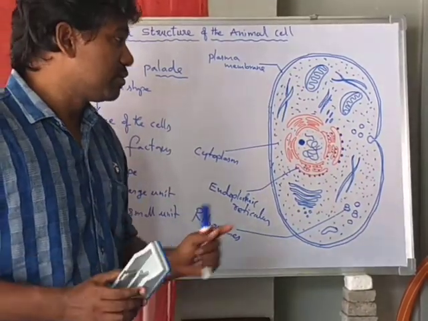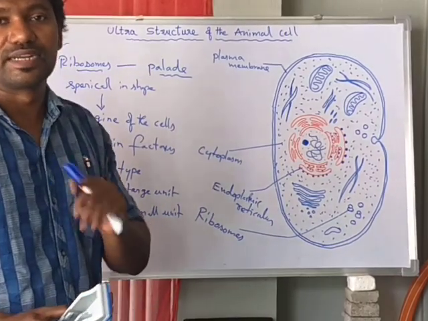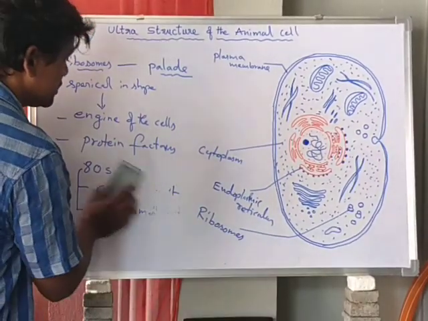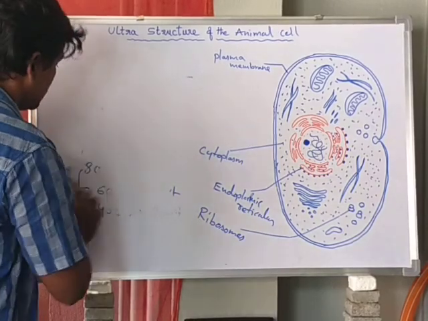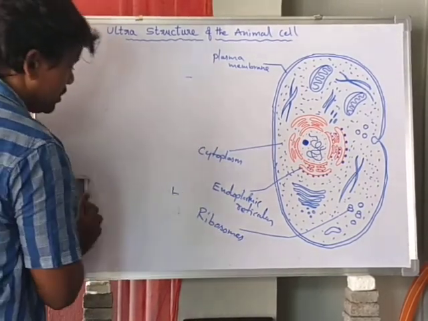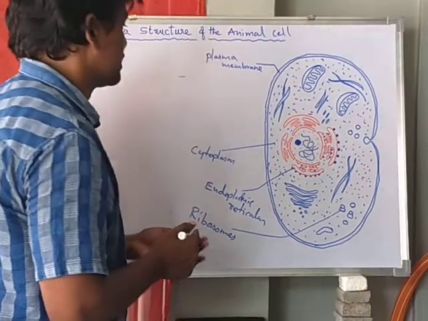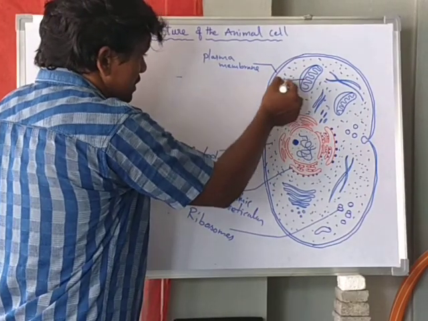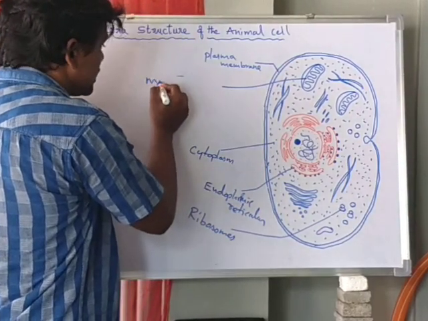Now another cell organelle, that is mitochondria. Now we know about the mitochondria briefly. Here we see this is the cell organelle called mitochondria.